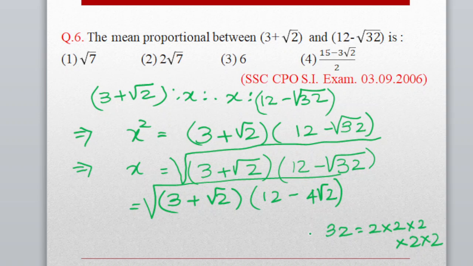Now for root over 32, we take root over all these numbers. For 2 2's we can take one 2, again for 2 2's we can take one 2, and there is one 2 left over. So this is equal to 4 root 2.